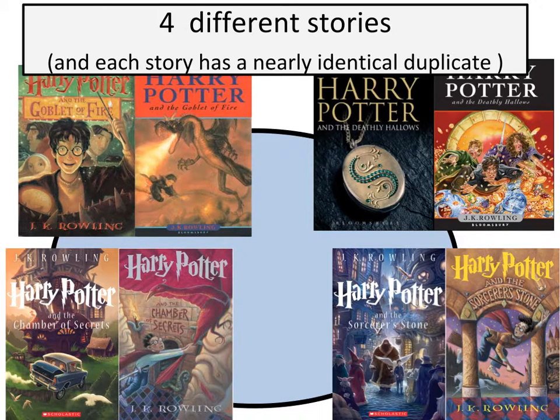But the idea here is that we have 1 story, but 2 versions that are probably almost identical to one another. Once again, I haven't read it, but okay. And then here is another story, and both of these versions are probably super similar, here and here as well.